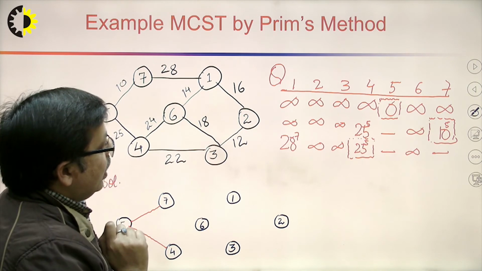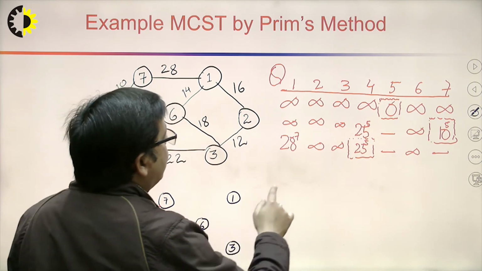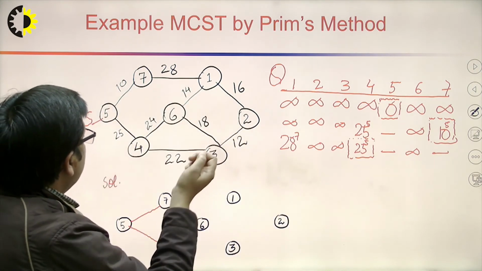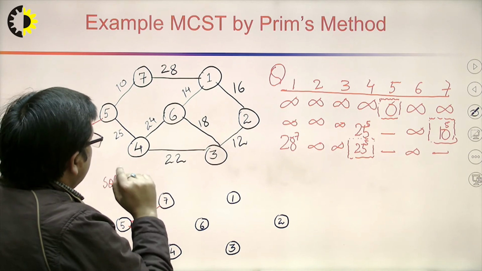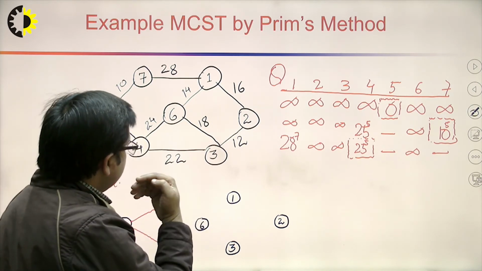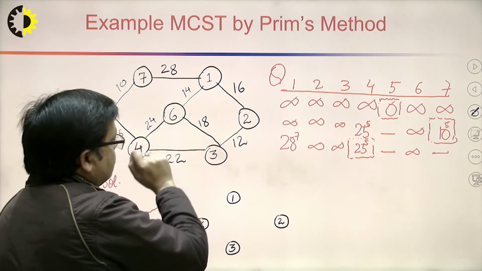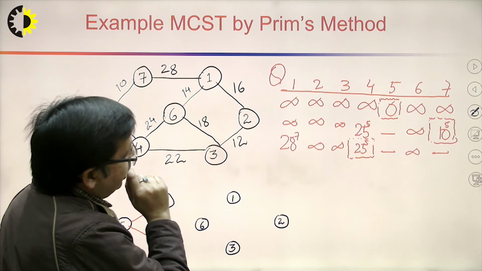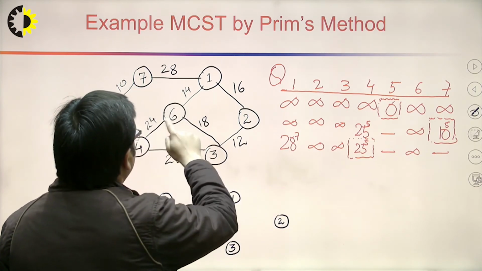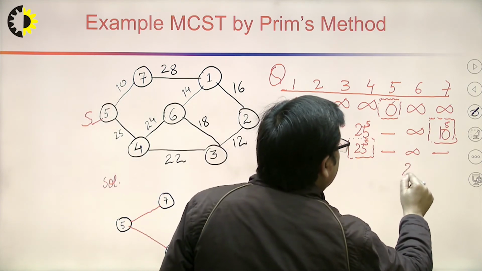Now, when node 4 comes out, we see that the adjacent 5 has already been removed. Another adjacent of 4 is 6, whose weight is infinity till now, so it will be updated with 24.